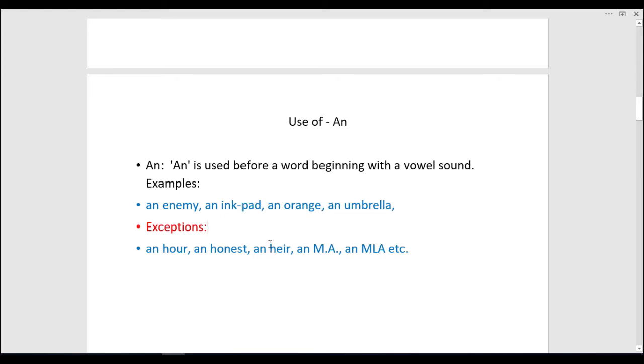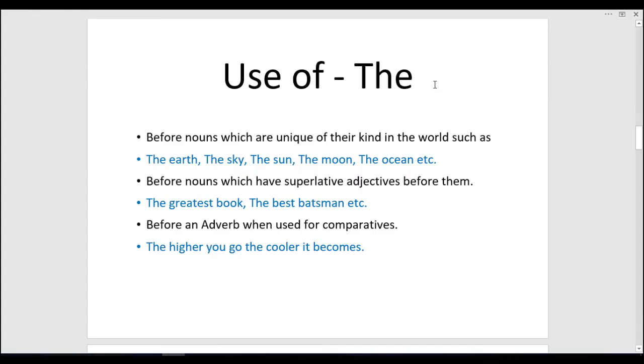I repeat, an is used before a word beginning with a vowel sound, and these are the examples we already discussed about. Now let's see the use of the. There are many uses of the. Let's start. First one, before nouns which are unique of their kind in the world.